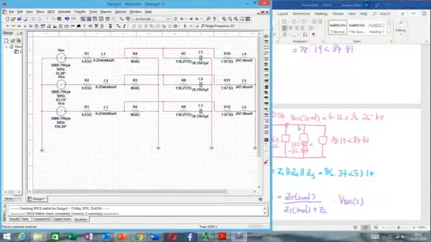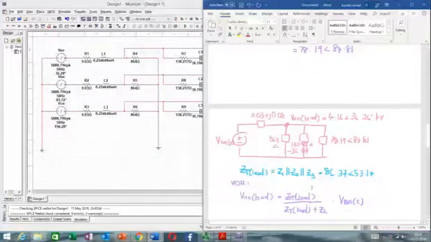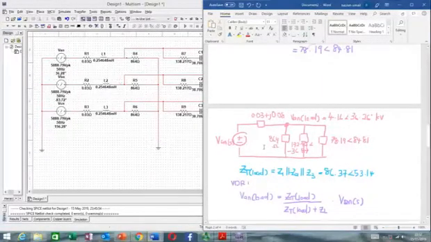Okay, and then for the inductor value is 0.08. It's given in ohm XL value, so you have to convert. You have to find what is inductor in Henry by using XL equal to 2 pi FL. So F frequency is 50. So this is the value.